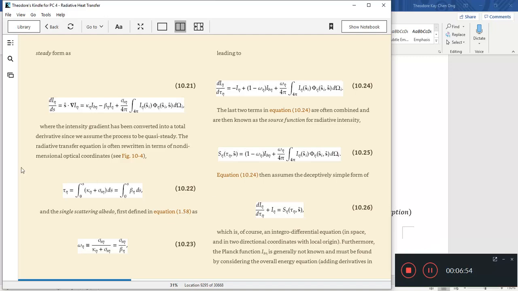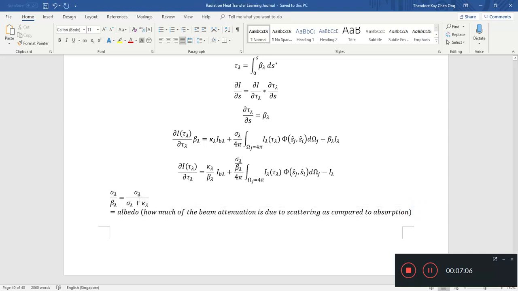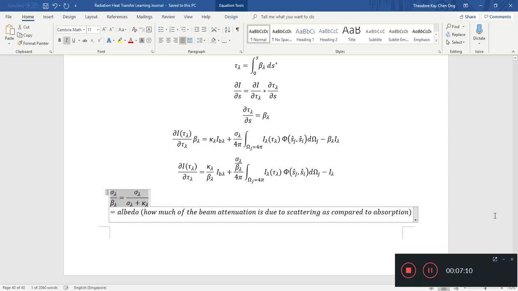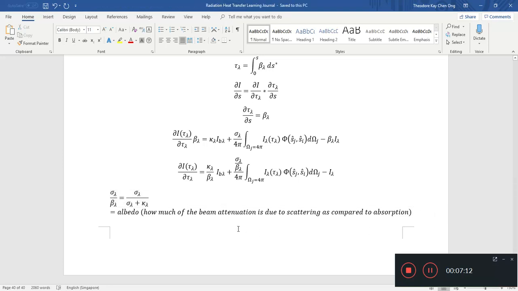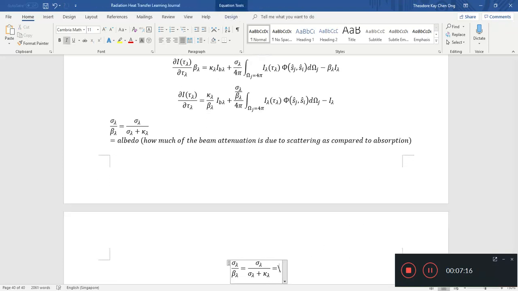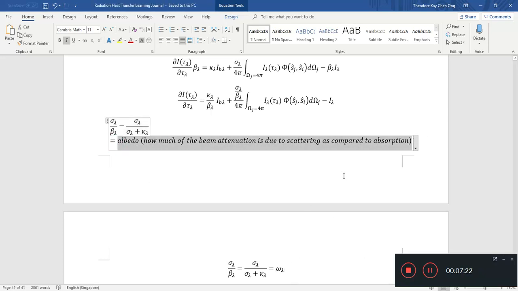I'm just replacing the variables as was said before, so we'll get omega as such. Maybe I'll write it like that, omega lambda, and I will just get this out in text.